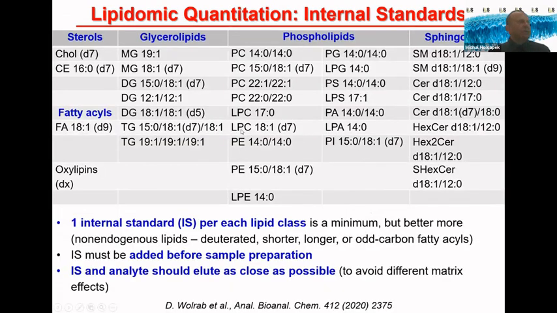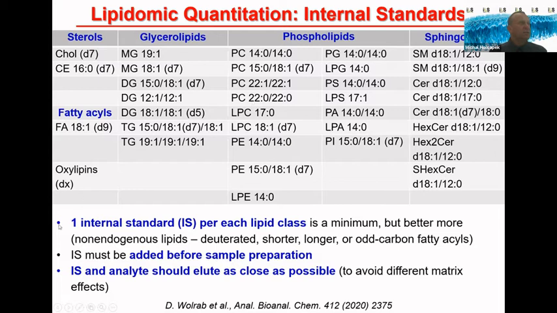So the first step when we talk about the quantitation is the choice of right internal standards. There must be at minimum one internal standard for each lipid class to be quantified, but better to use more. It must be added before any sample preparation, and if possible, coelute with analytes. It means lipid class separation.